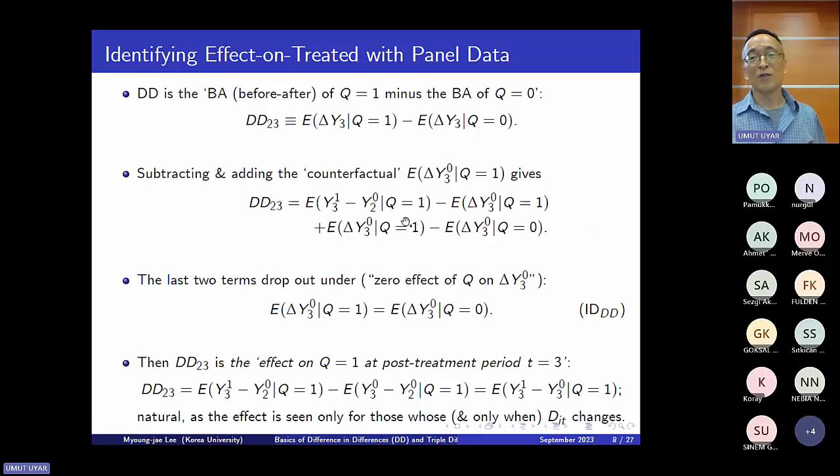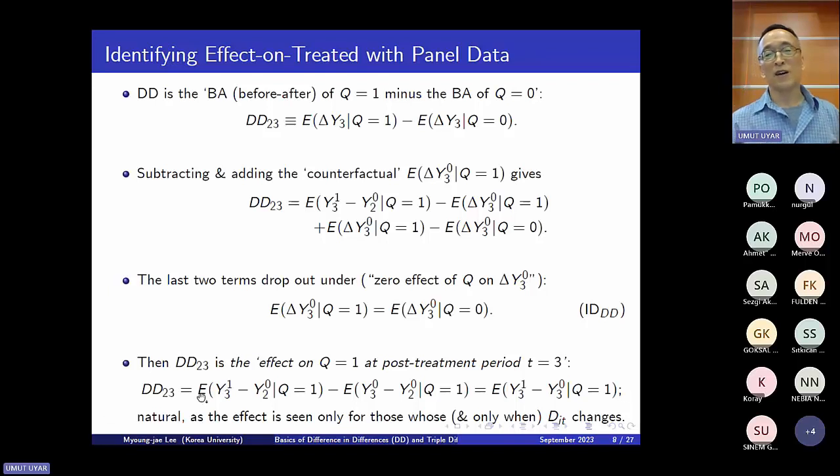And if you look at the first line, which is reproduced here, you can see that y to 0 with a minus sign is cancelled by y to 0 with a plus sign. So what remains is y31 minus y30 given q1.